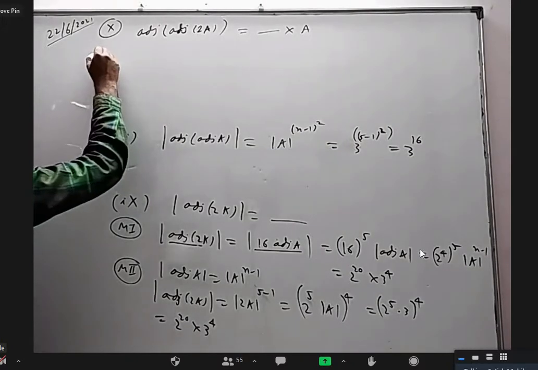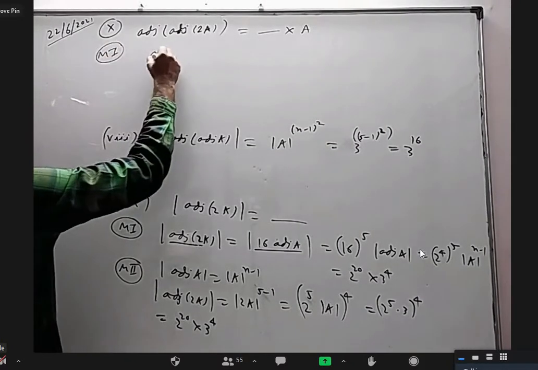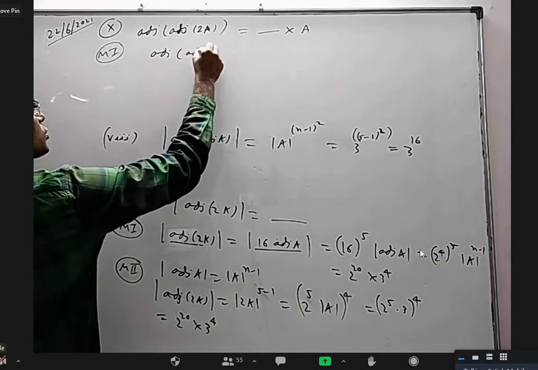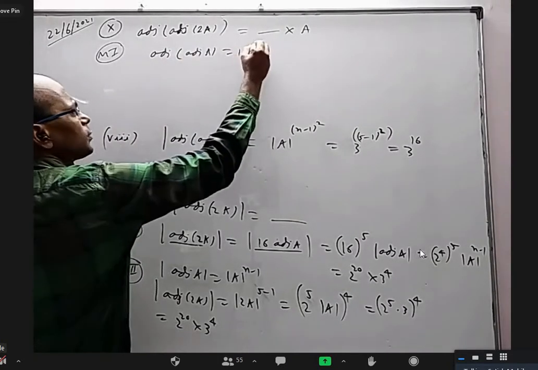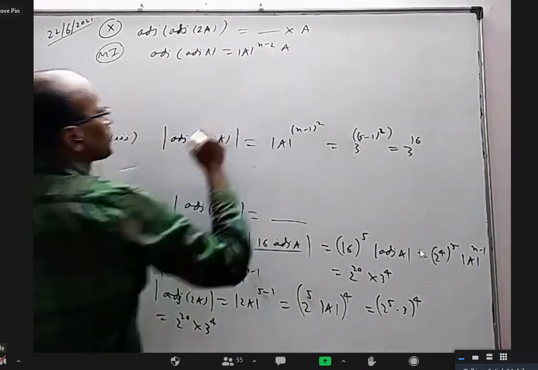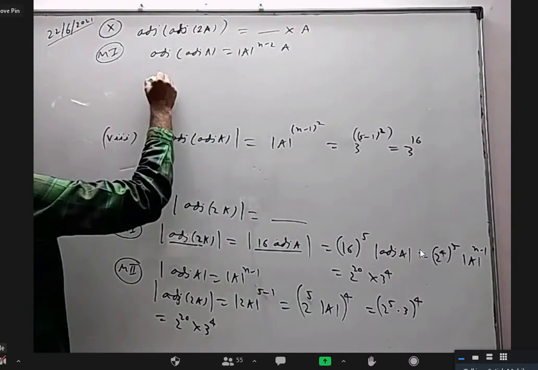Okay. Method 1. Adjoint of adjoint A equals det A power n minus 2 into A. Wherever A is there, I want to write 2A.